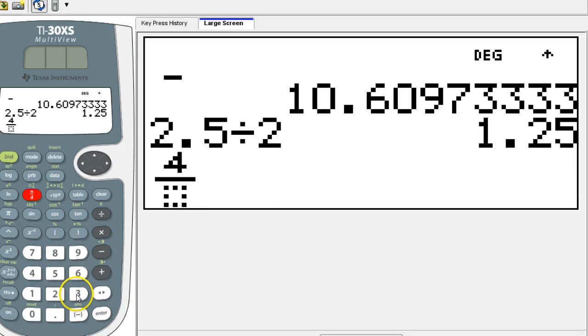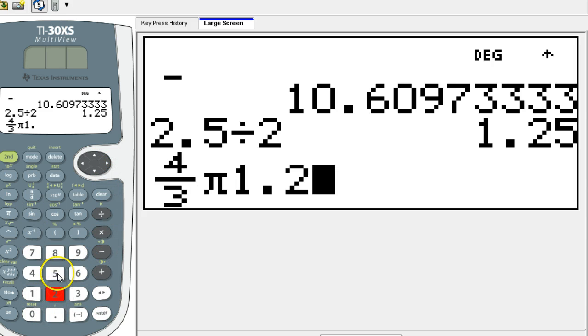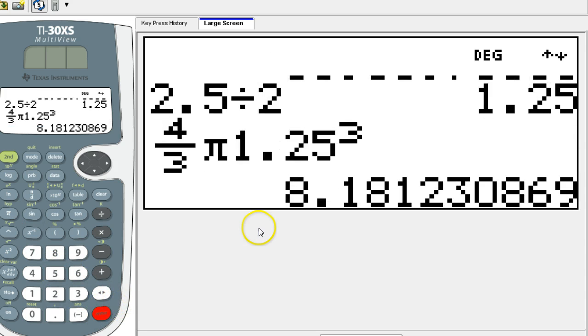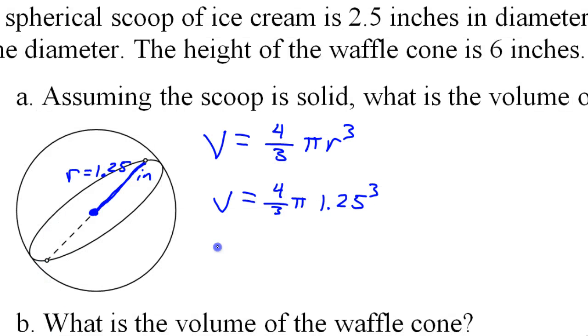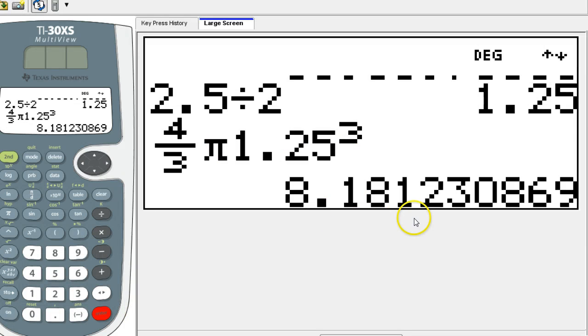So that's 8.18 cubic inches. Just in case I need any extra decimals later, I'm going to write them down.